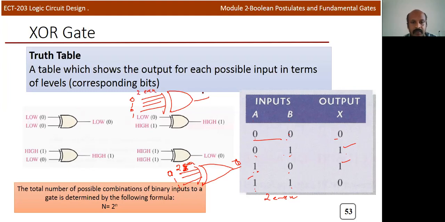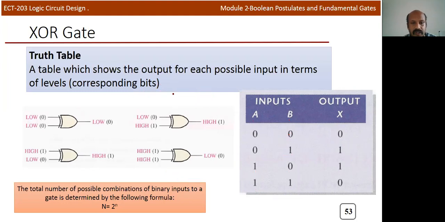That is an even number, so the output is 0, because the output is high only for an odd number of high inputs. If all values are 1, with 4 inputs you get 4 ones. 4 is an even number, so the output is 0. If it is 0, 1, 1, 1, that means 3 ones. 3 is an odd number, so an odd number of ones means the output is high.